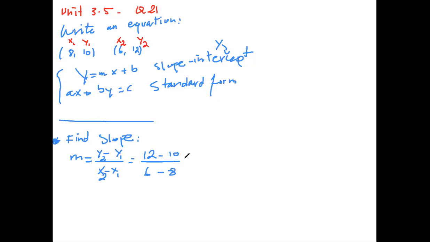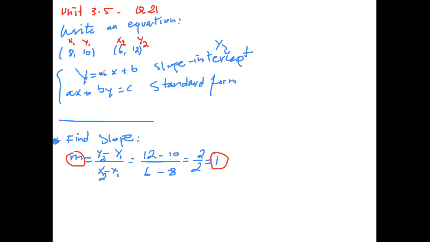That's our slope. Just need to simplify this a little bit. 2 over 2 basically is 1, right? So that's the first important thing to complete the equation of the line.